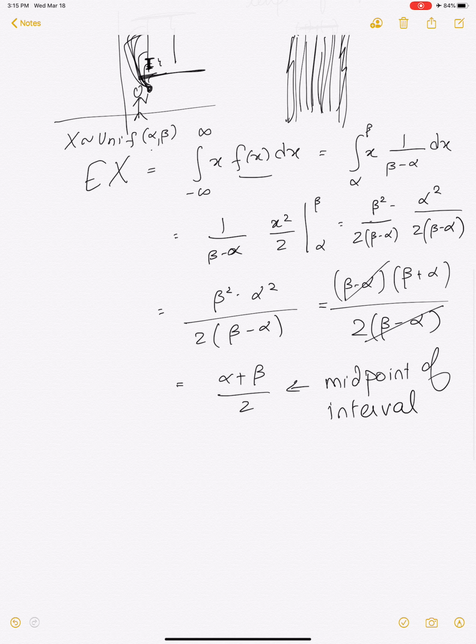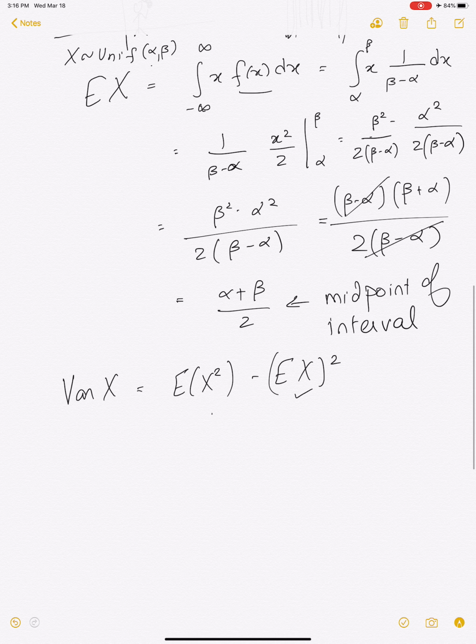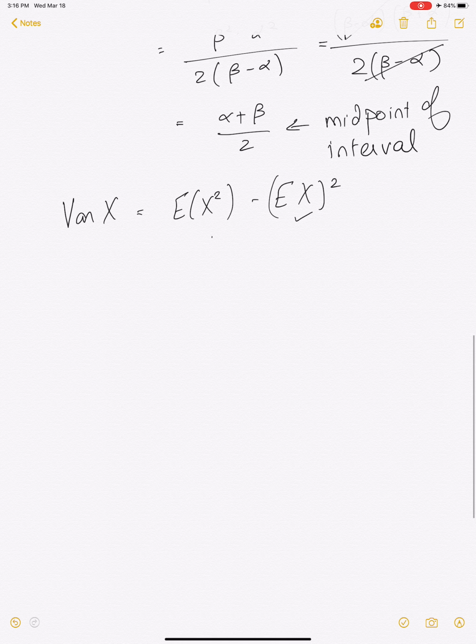All right. So I'm always just following this standard formula for the expectations, x times f of x, and integrating it. And how about the variance of x? Well, what's the variance of x going to be? It's the expectation of x squared minus the expectation of x whole squared. We already know this. Let's try and find the expectation of x squared.